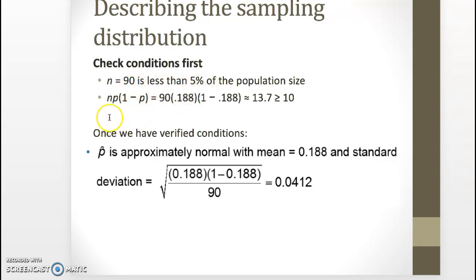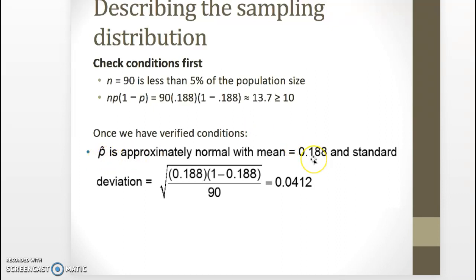We're good there. Then for the n times p and n times (1 minus p), plug in your 90, plug in the proportion, the decimal, and calculate. So just chunk this bit into your calculator. You get 13.7, which is bigger than 10. We're good to go. So what that means is our sample proportion, our p-hat, is approximately normal.